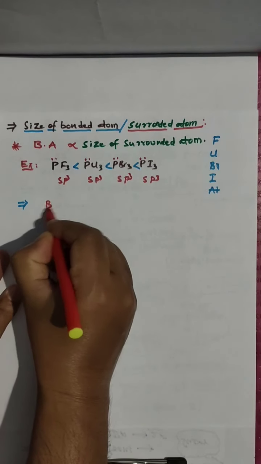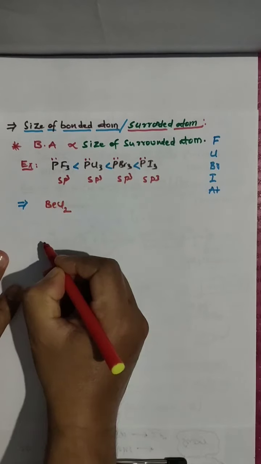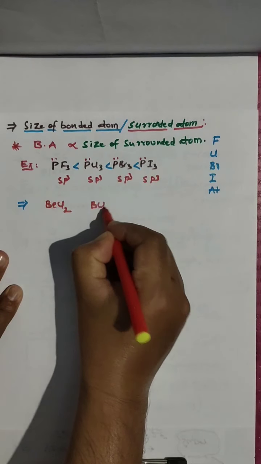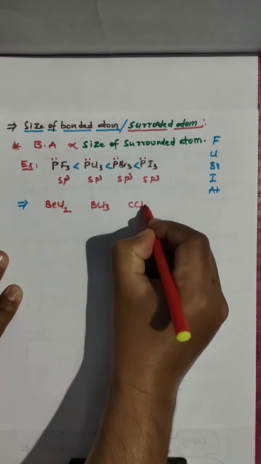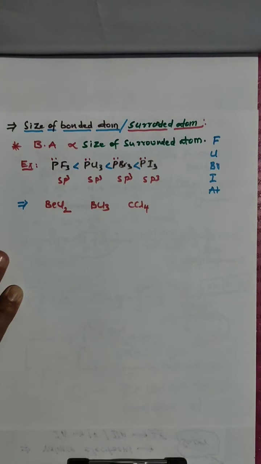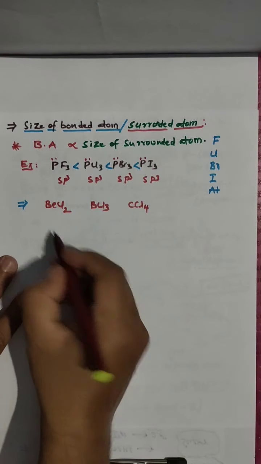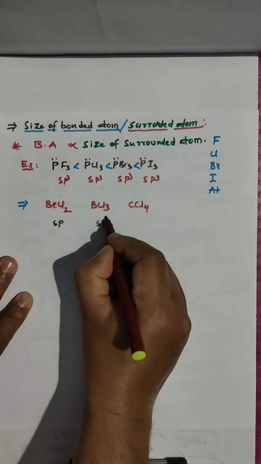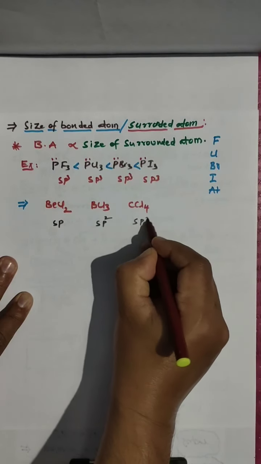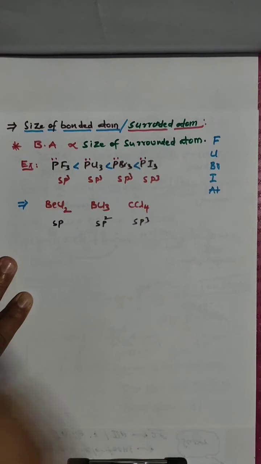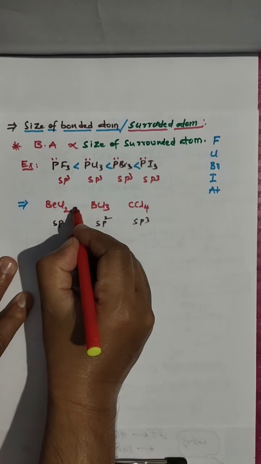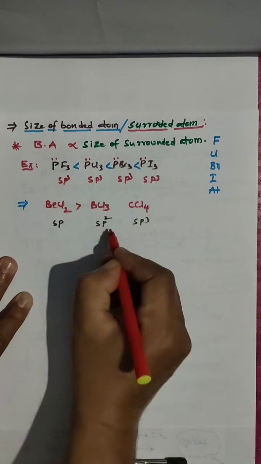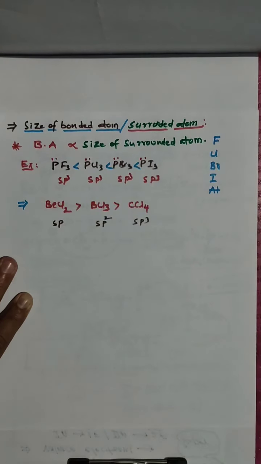A few examples I will give you here to compare. I am giving BeCl2, BCl3, CCl4, and they are asking to compare the bond angle. See here, this is sp hybridization, this is sp2 hybridization, and this is sp3 hybridization. So the bond angle of sp is more than sp2, which is more than sp3.